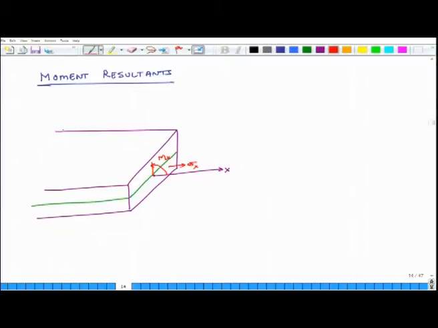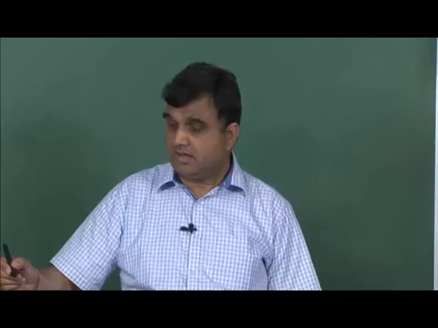Similarly, on the other surface, this is my y axis, and there is a my, and that my is a consequence of sigma y. If sigma y is uniformly spread above and below the surface, then my will be 0.